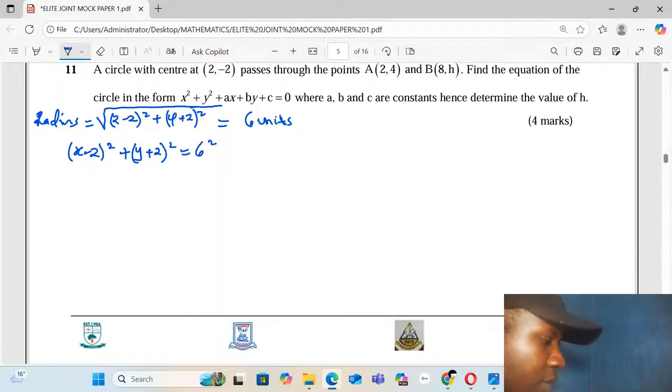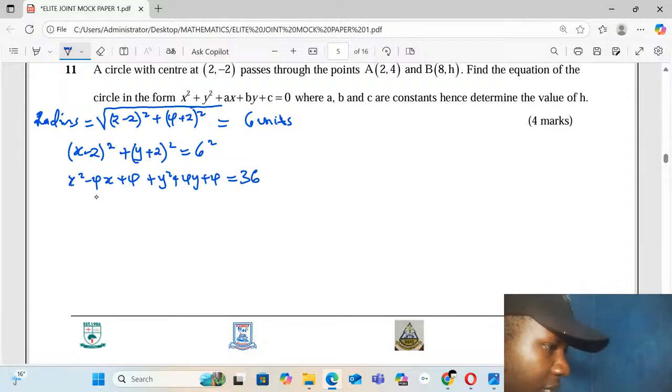So that we form the equation, we open it up, so we have x squared minus 4x plus 4, now plus y squared plus 4y plus 4 is equal to 36.